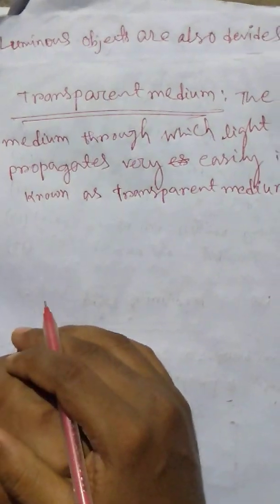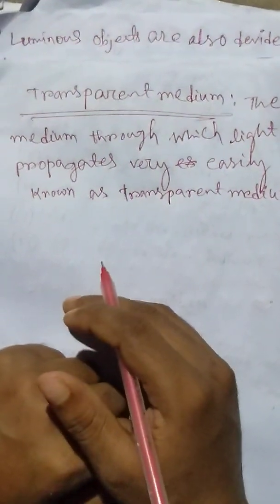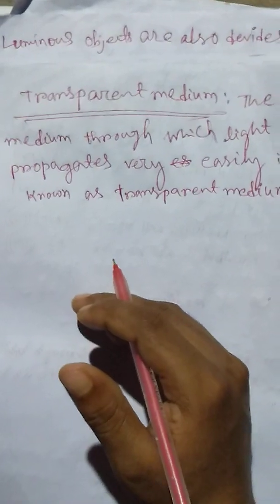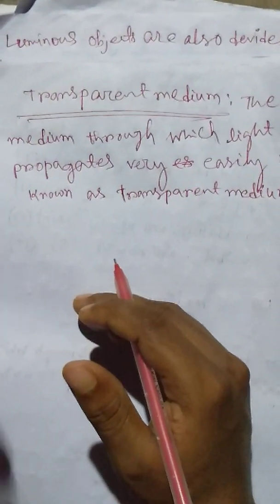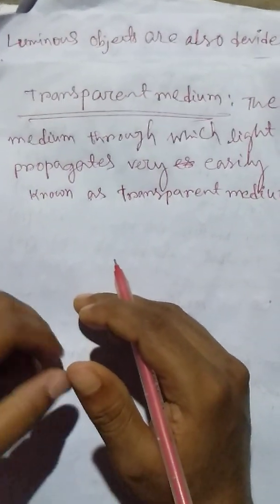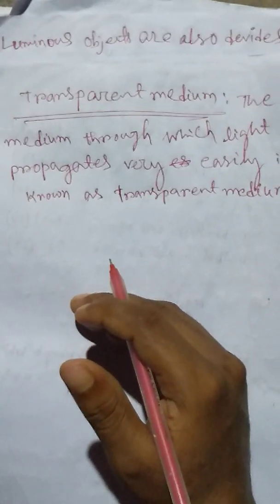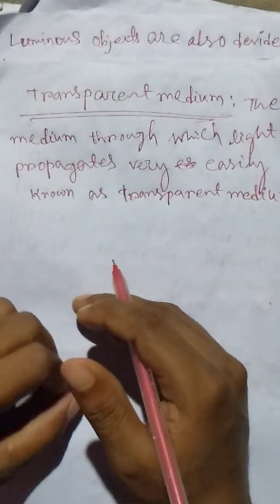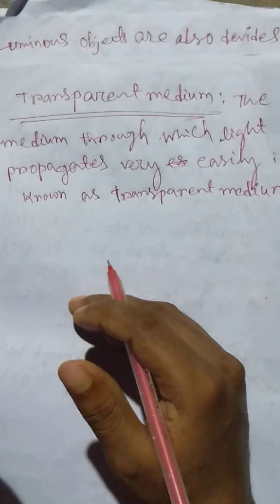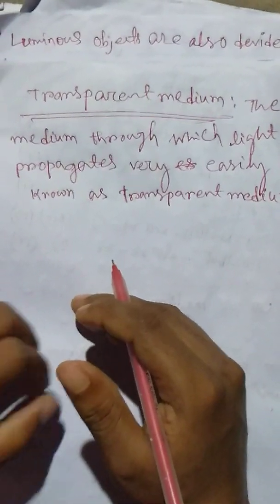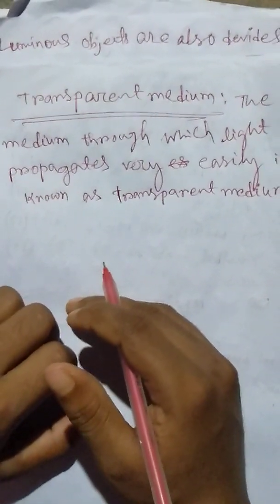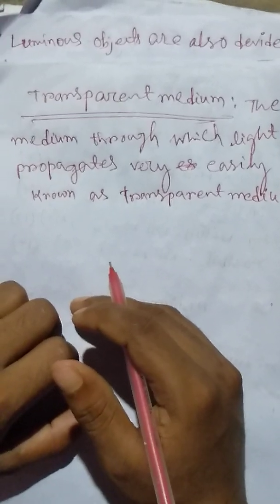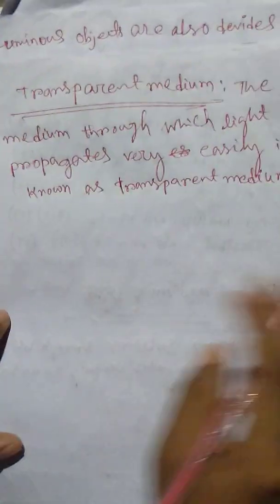If you see, light can travel through air very easily. Also, light can propagate through water very easily. So these mediums are known as transparent mediums. What are the examples of transparent medium?